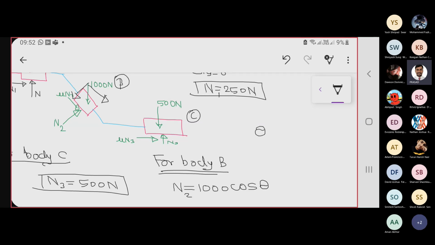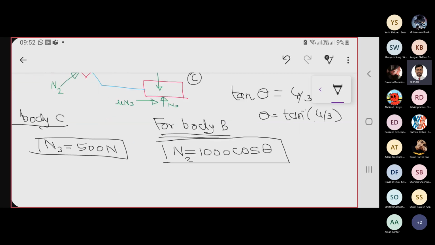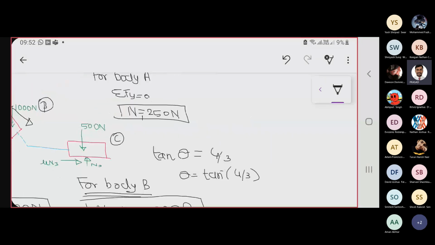Theta is given by 4 by 3, so tan theta is equal to 4 by 3, theta is equal to tan inverse of 4 by 3. So from here you will get N2, N1 and N3. Then you can find out F1, F2 and F3 also.